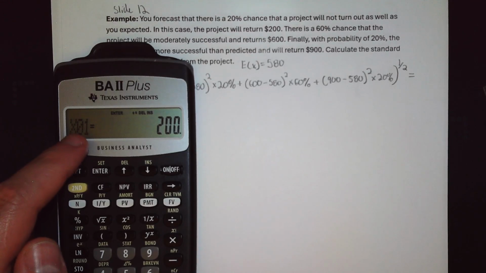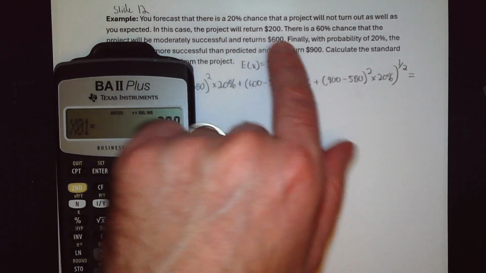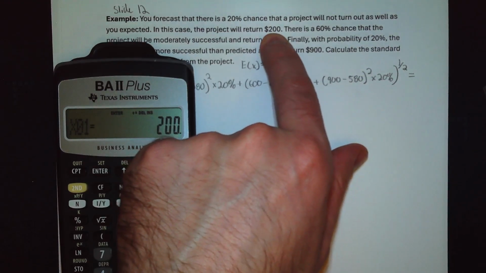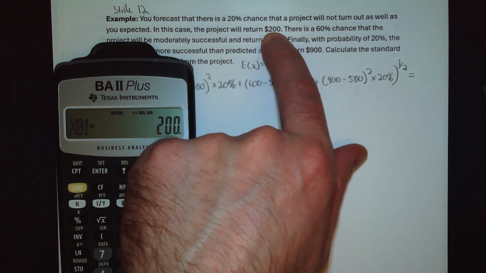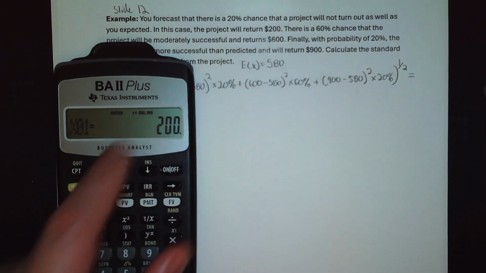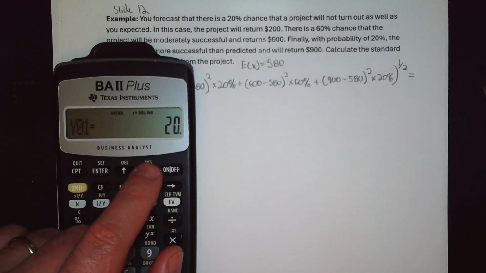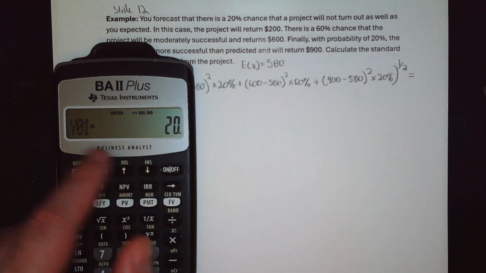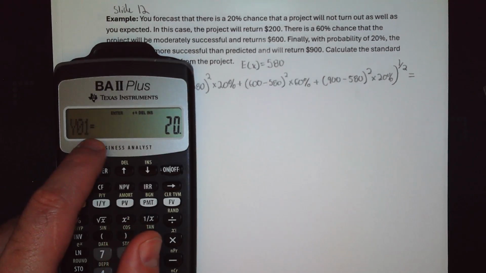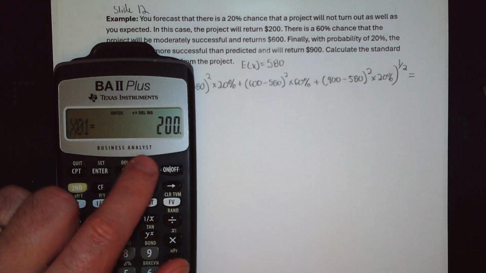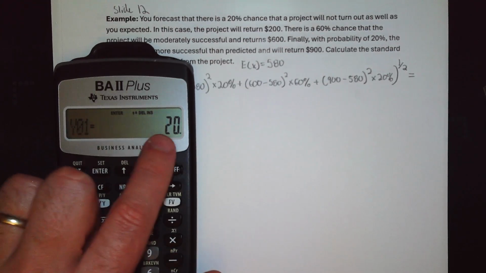Okay, so we have the first value that our variable can take, and that value is 200. That's what I put as X01. In this case, because we're in one variable mode, Y01 will be the frequency. How many times do we observe this value? So the frequency in this case is 20%.